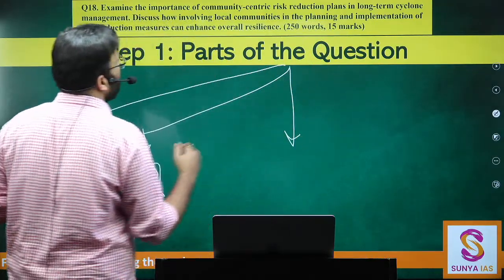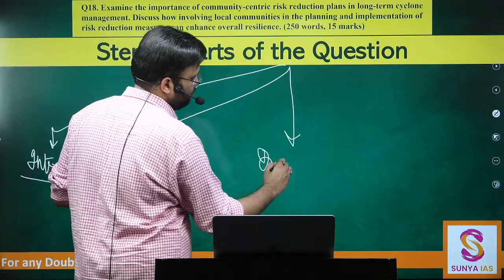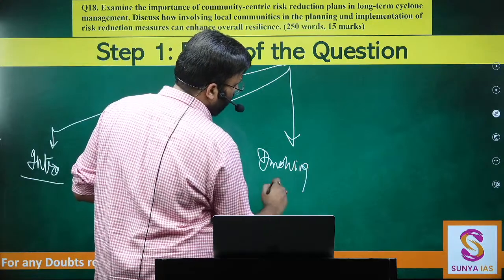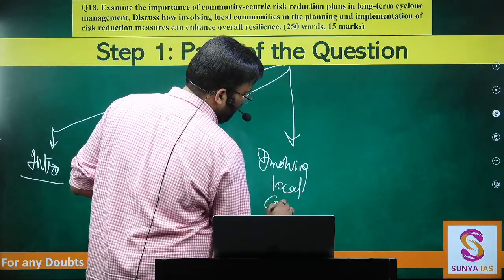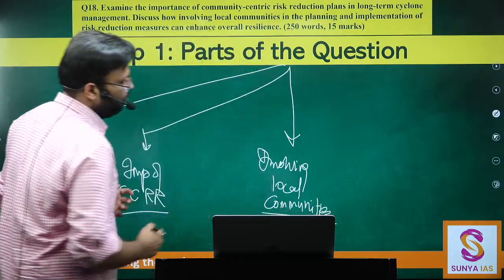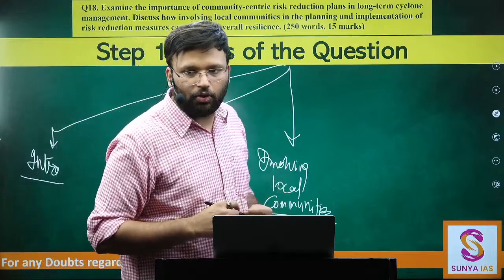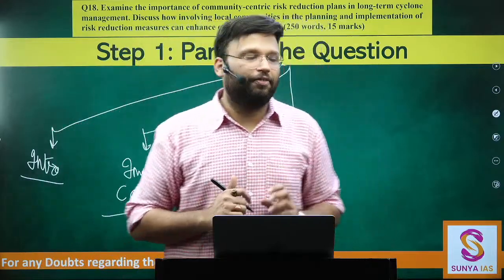Then we will tell how involving the local communities, and here you will have to tell how exactly you involve them. Okay, how do you involve local communities and how that will lead to an overall enhancement in the welfare.